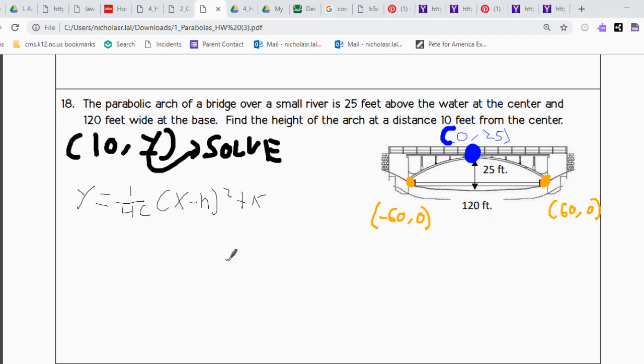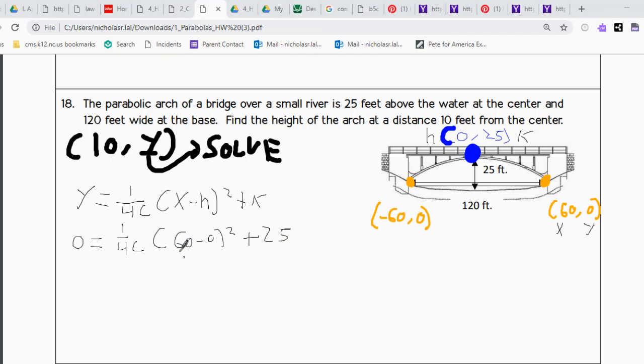What's a y coordinate we can use? So we have 0, that can be h, 25 can be k, 60 can be x, 0 can be y. We have our set vertex and a point on the parabola. So 0 is equal to 1 over 4c times x, which is 60 minus 0 squared, plus k, which is plus 25.